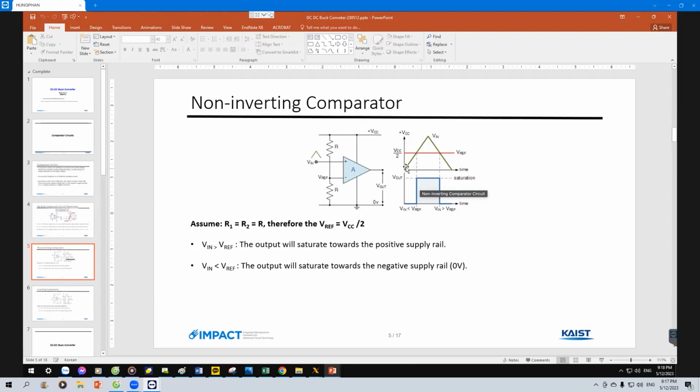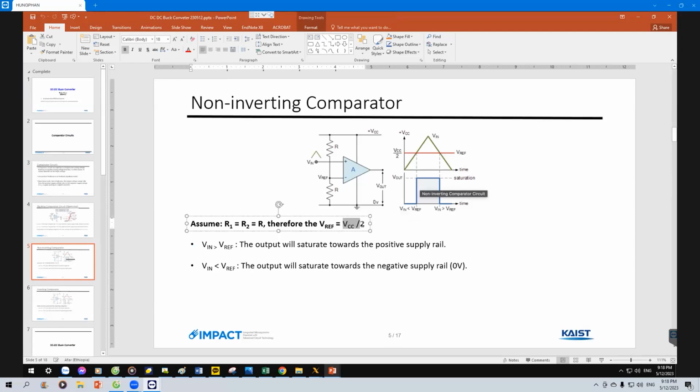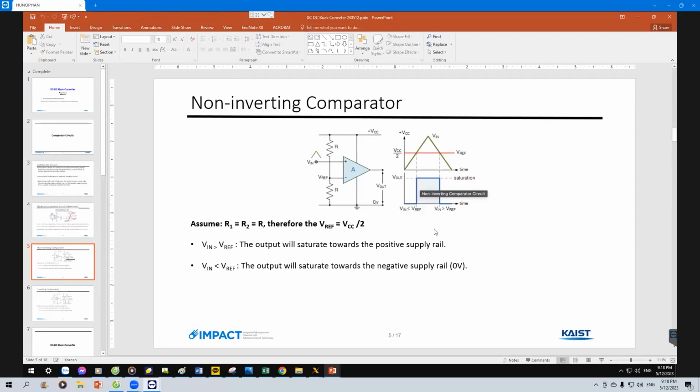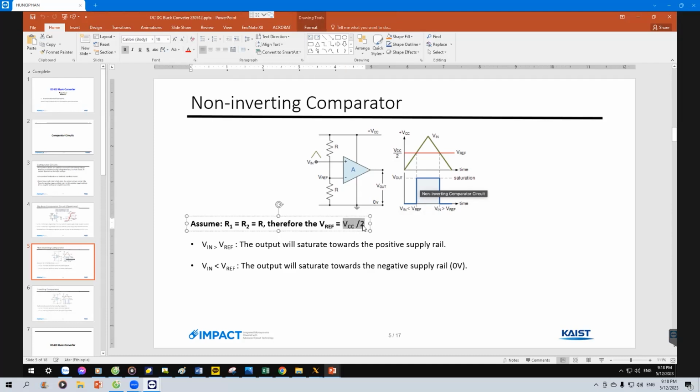Here, how much is VRAP? In here, VRAP is VCC by 2. Yes. But how small can VRAP be? Do you know?